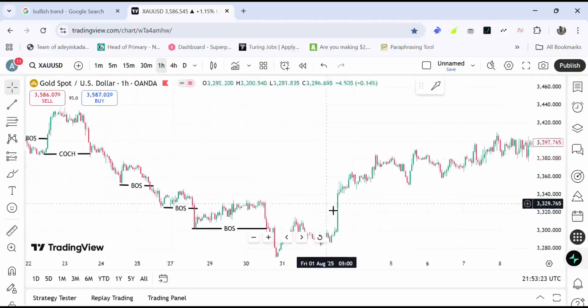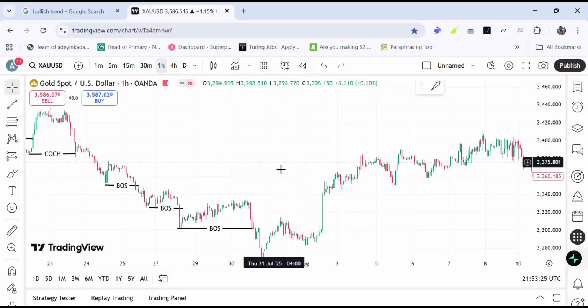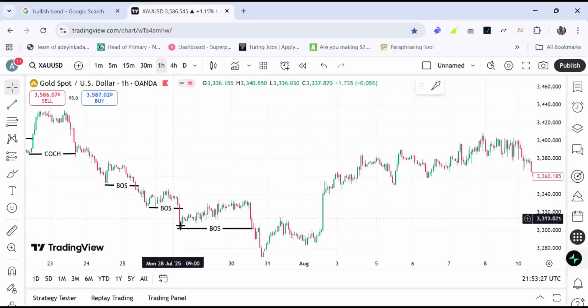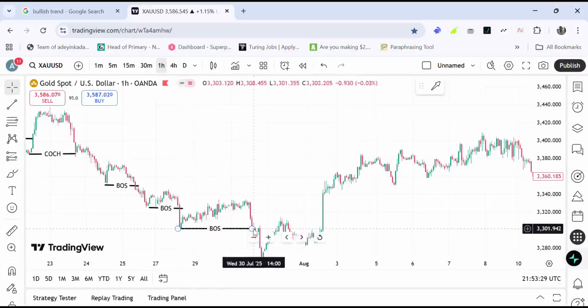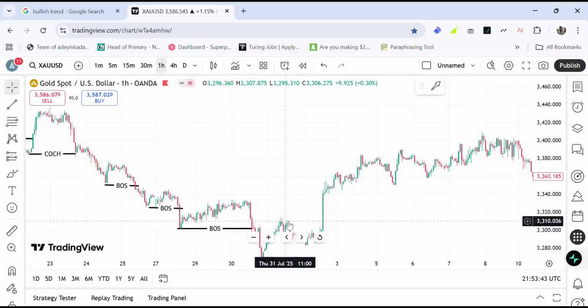So now we have it here. Okay, sorry. So this is a break of structure to the downside from this point, right? Now, instead of the market continuing to push to the downside, there is another change of character at this point.